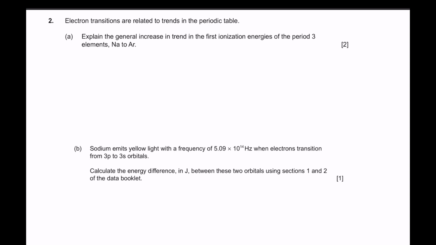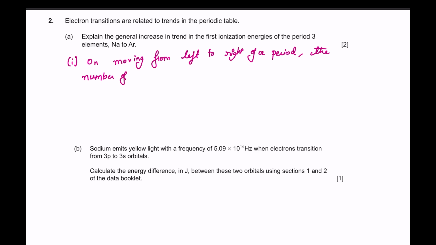So let's just write it here. The first point would be: on moving from left to right of a period, the number of protons and nuclear charge increases. So what happens if the nuclear charge increases?